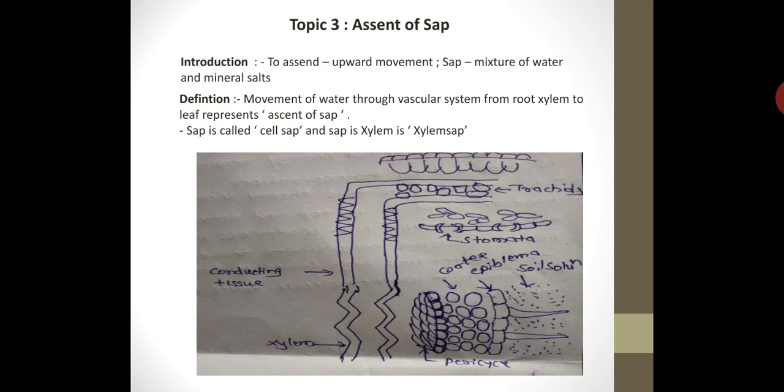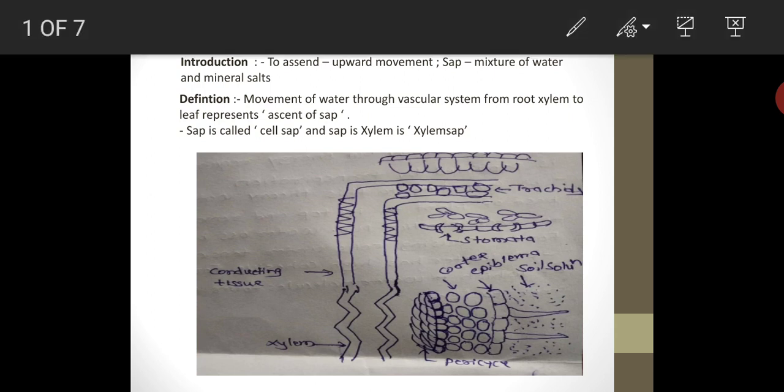So this central part represents the xylem of the root. Once the water enters the xylem of the root, the process of water absorption is completed. Now the next phenomenon, ascent of sap, starts from the water which entered the xylem of the root, and how it reaches the xylem of the leaf, we are going to study in this topic.